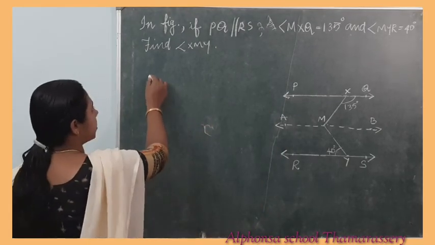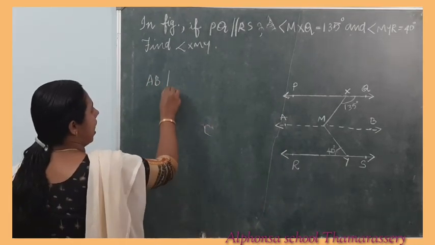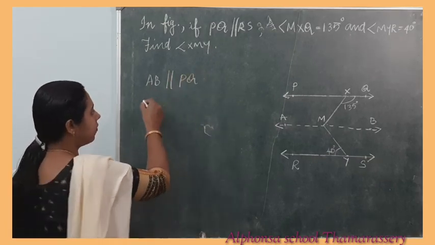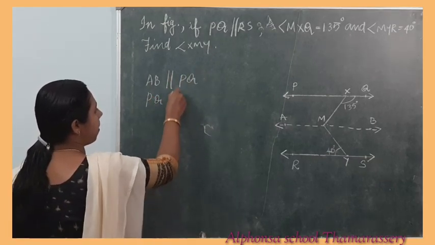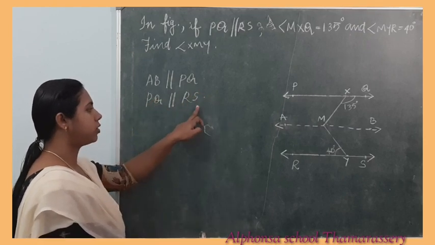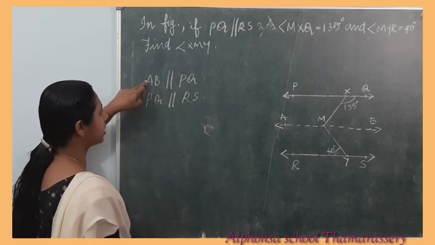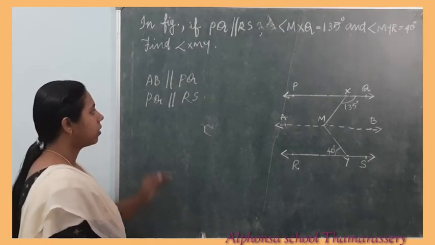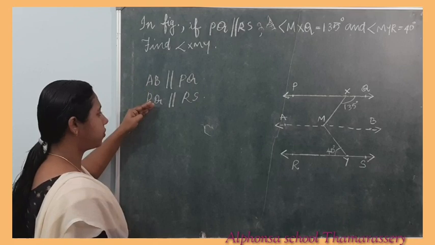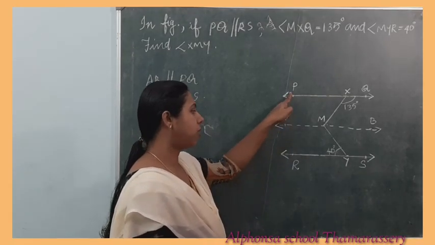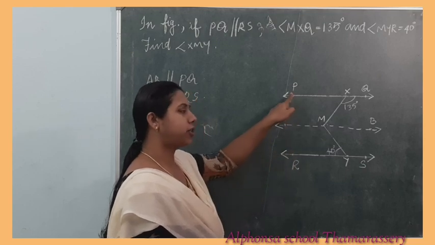So we constructed AB parallel to PQ. It's already given that PQ is parallel to RS. Now we constructed AB parallel to PQ. From these two things, AB is parallel to PQ and RS is parallel to PQ.